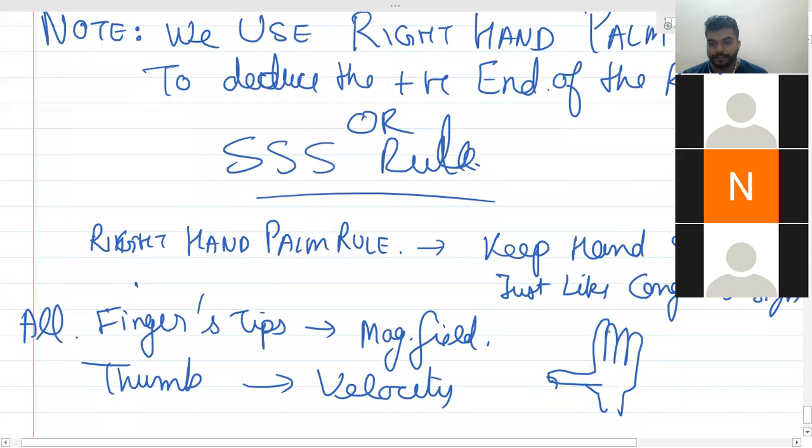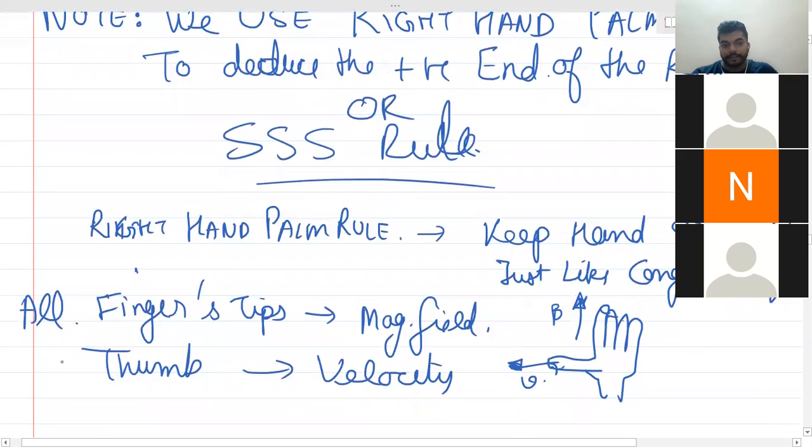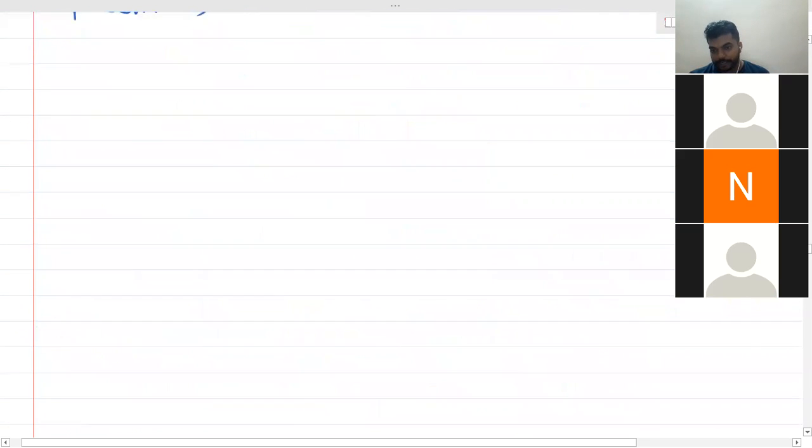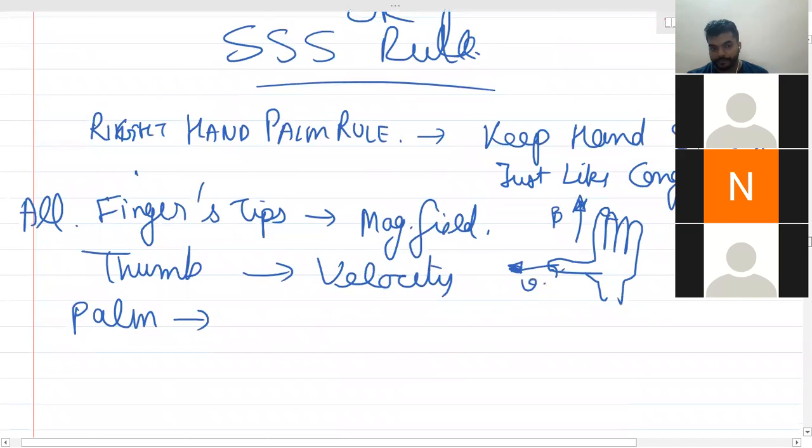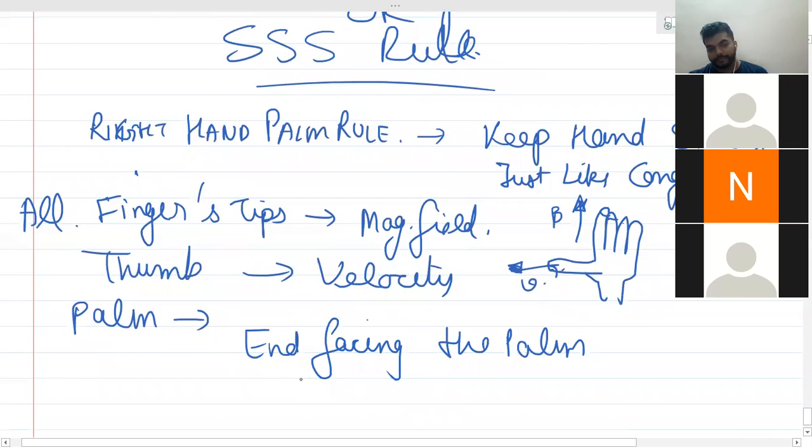Everyone is able to see, right? So basically, your thumb should be in the direction of your velocity. The fingertips should be in the direction of the magnetic field. So wherever the palm faces, the end facing the palm is the positive.